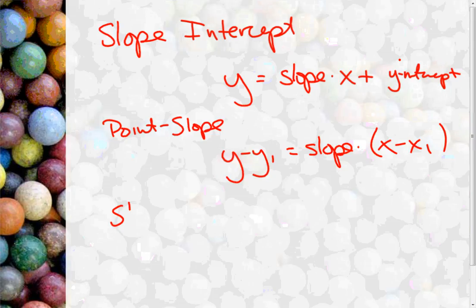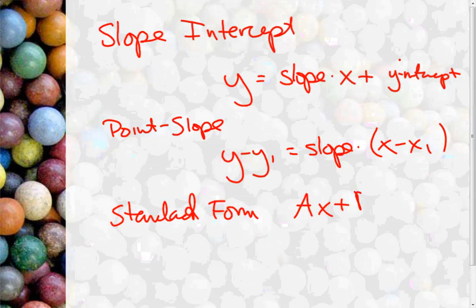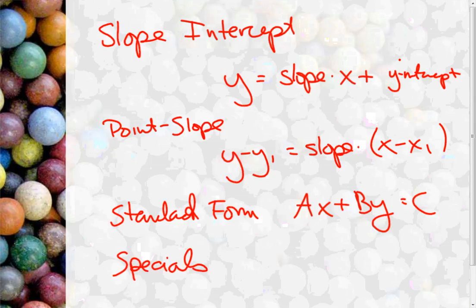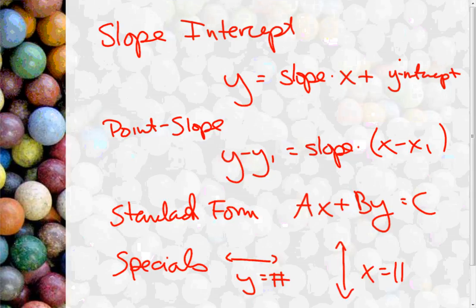And then we have standard form, where we have it like this. And then we've got our special cases, where I've got horizontal lines, where it's y equals a number, and vertical lines, where it's x equals a number.